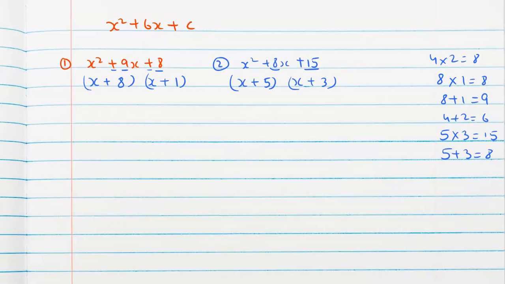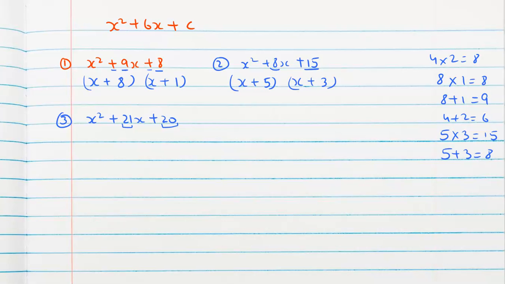Okay, let's take a look at one more positive example, then we will start with the negative signs. So we have x squared plus 21x plus 20. We need two numbers where we multiply, we get 20, and when we add them, we get 21.